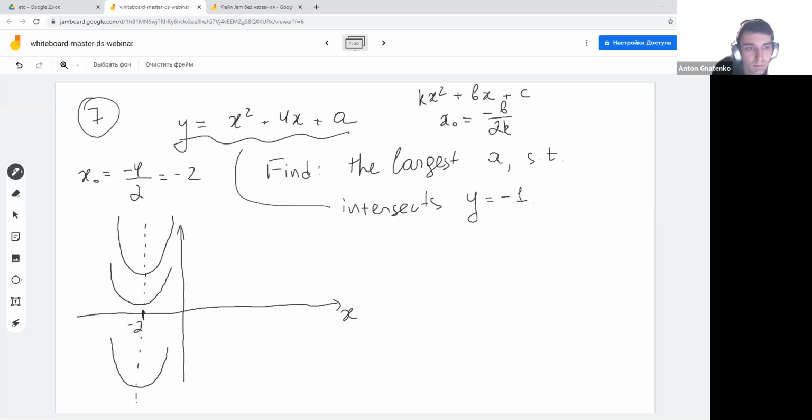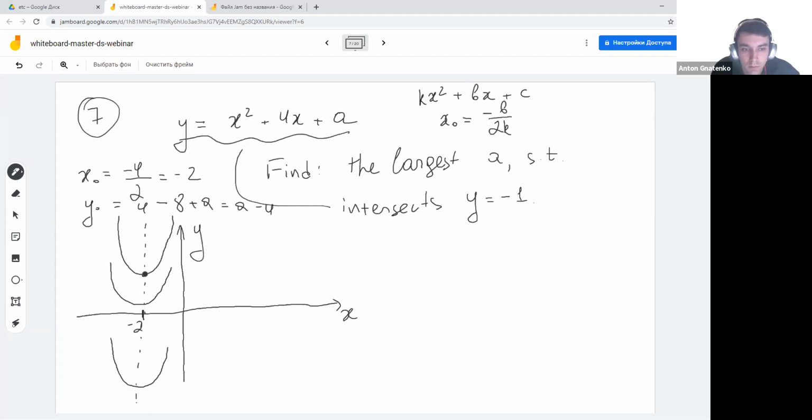The actual y coordinate of the vertex can be obtained if we compute the value of the function at x sub 0, which is minus 2 squared, 4, minus 4 times minus 2, minus 8, plus a. So it's a minus 4.